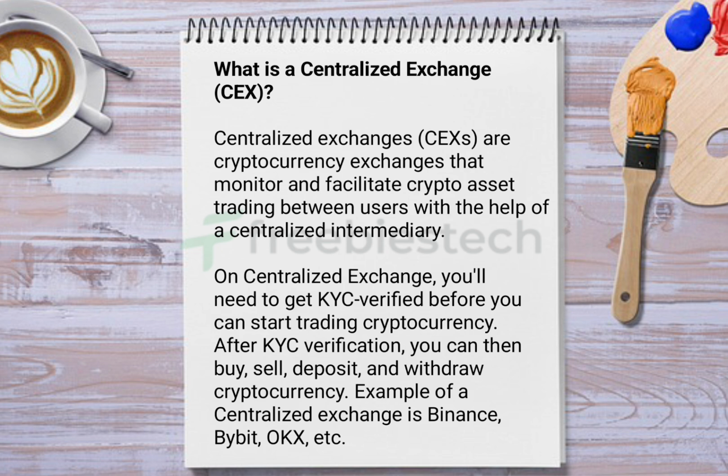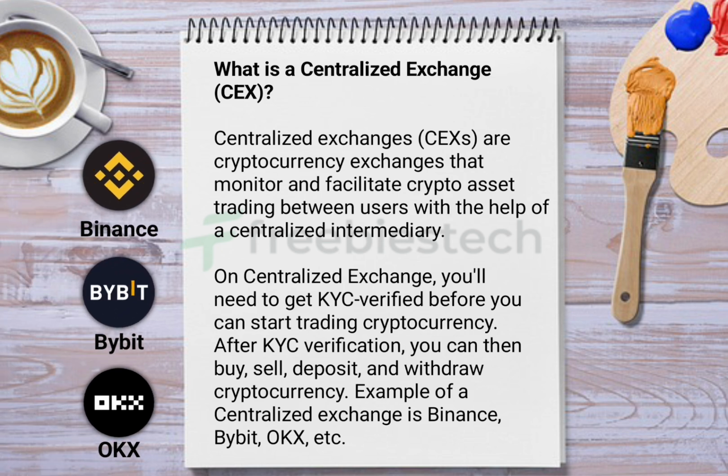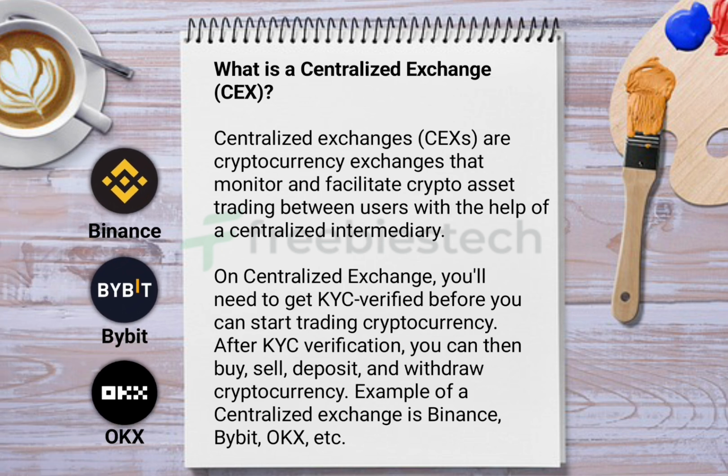On a centralized exchange, you'll need to get KYC verified before you can start trading cryptocurrency. After KYC verification, you can then buy, sell, deposit, and withdraw cryptocurrency. Examples of centralized exchanges are Binance, Bybit, OKX, etc.